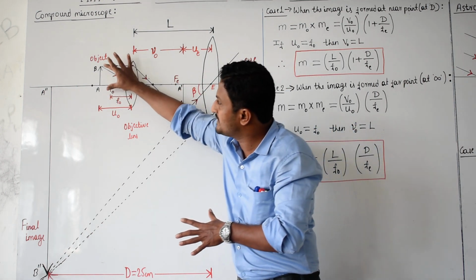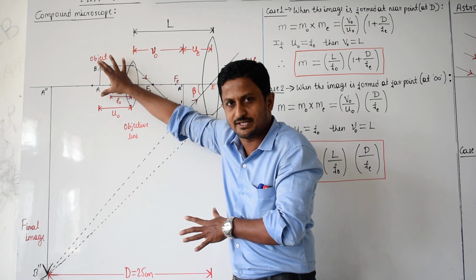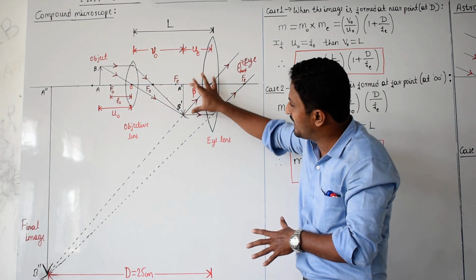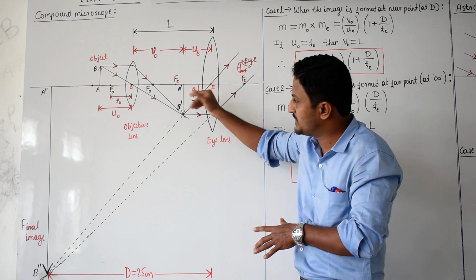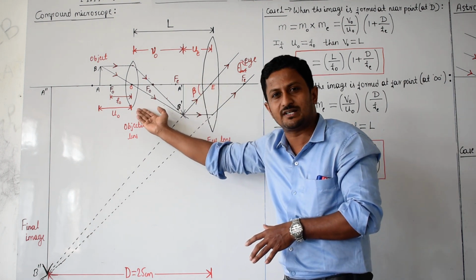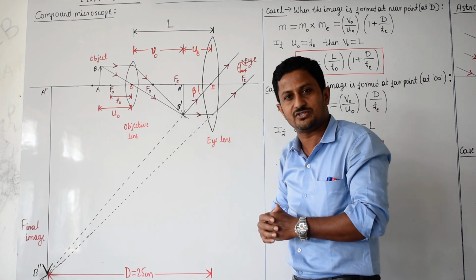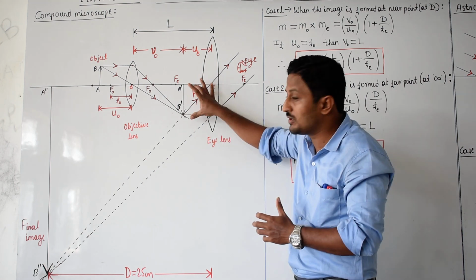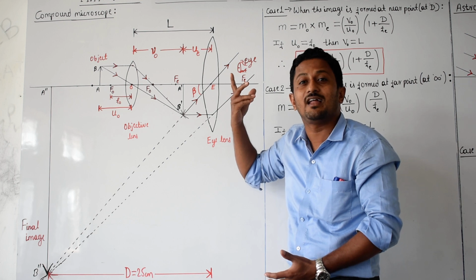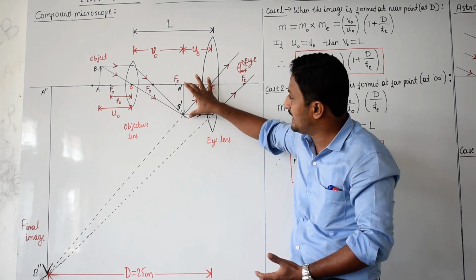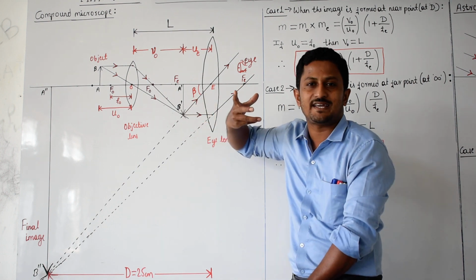AB is this much, and it got enlarged this much. The magnification we got by the objective lens is not sufficient. Still we want it enlarged. Still we need this A dash B dash in a bigger size.